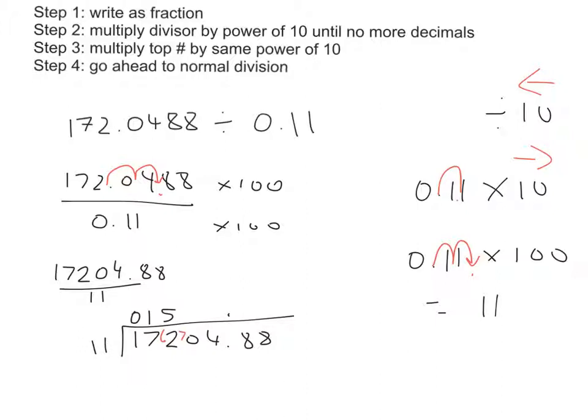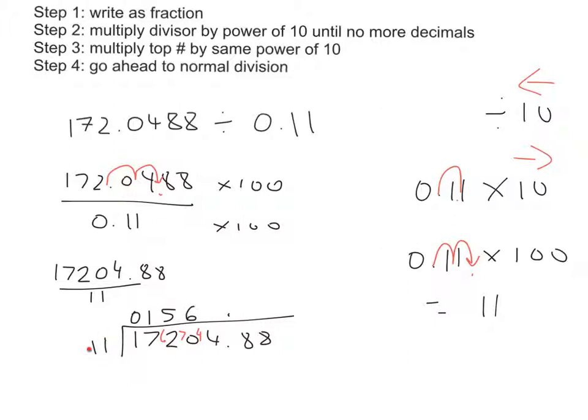And now we're asking, how many times does 11 go into 70? 11 times 6 is 66, so 11 goes into 70 at least 6 times. 70 minus 66 is 4, so the remainder of 4 goes next to the next place value.